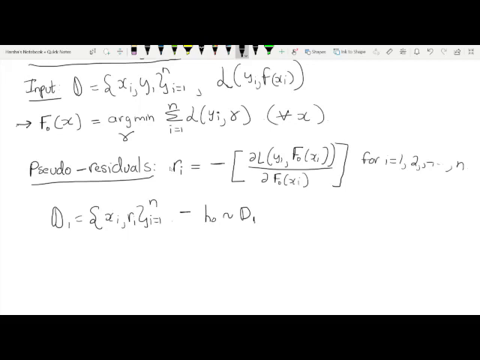This again could be just a decision tree, it could be a linear regression, whatever base learner you're choosing to perform boosting upon.